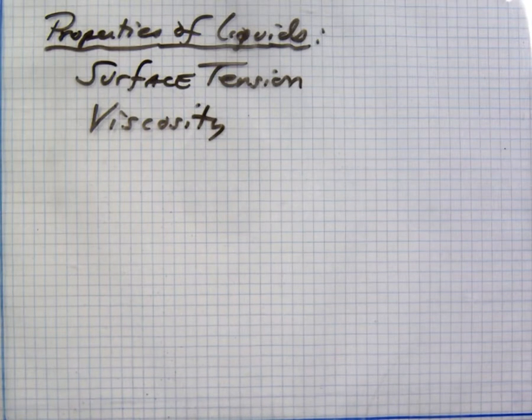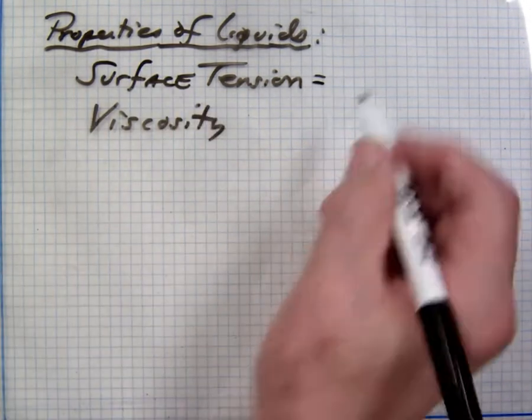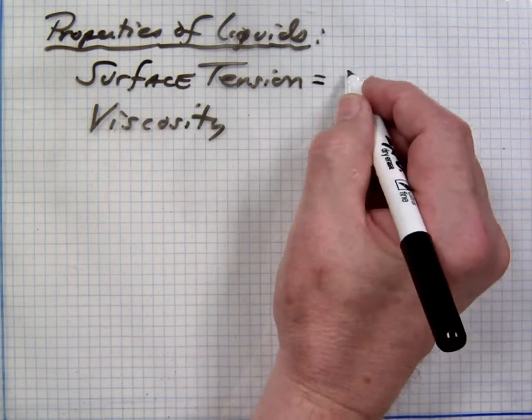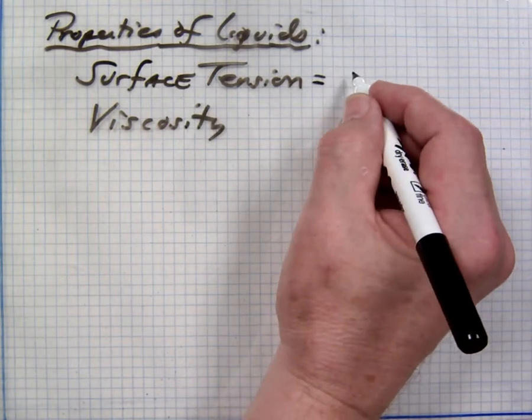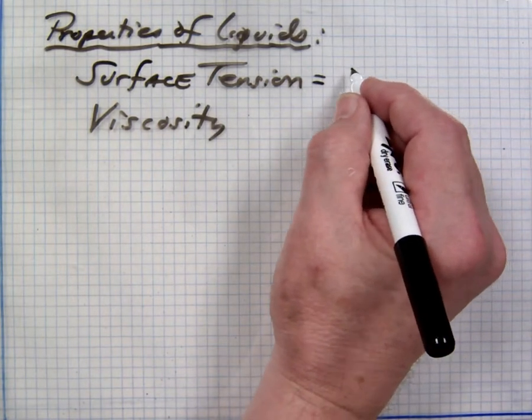Surface tension is more of a resistance to spreading, and it's got some terminology in terms of how much force is needed to spread a liquid. And I think the simplest thing that you could do in surface tension is resistance to spreading.